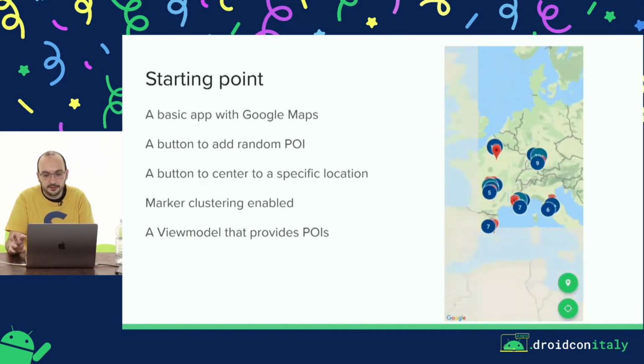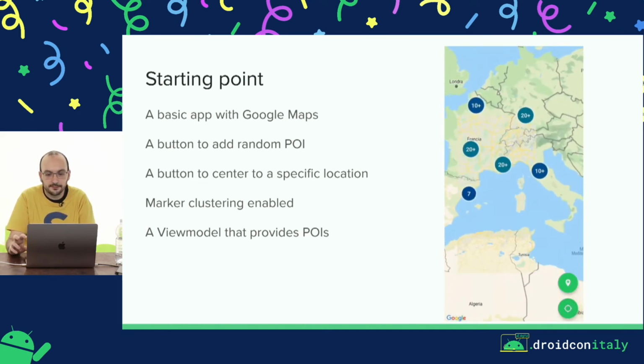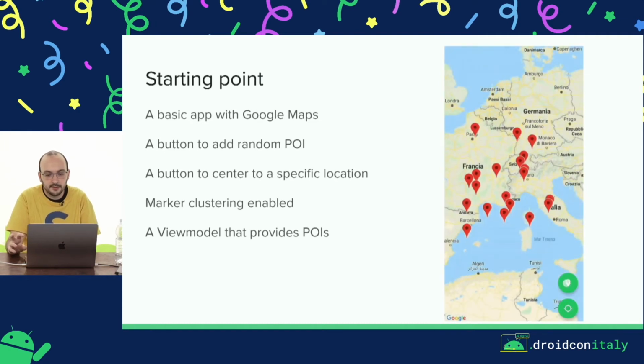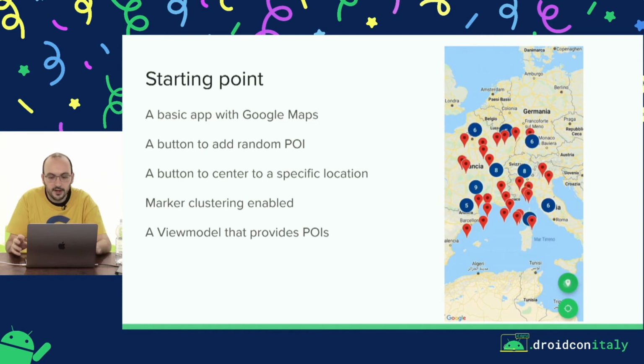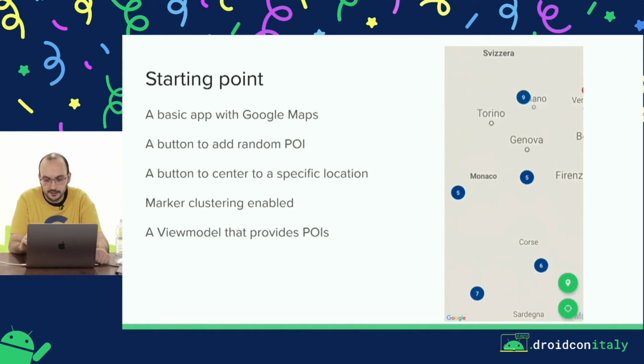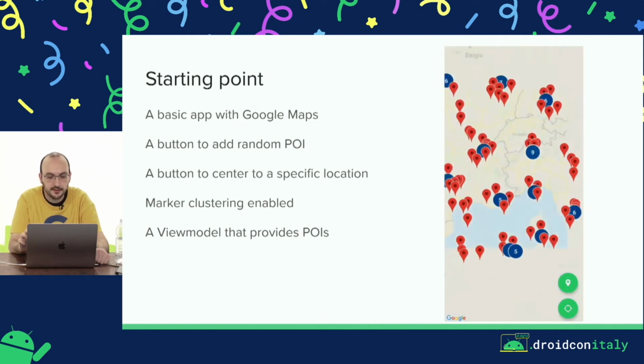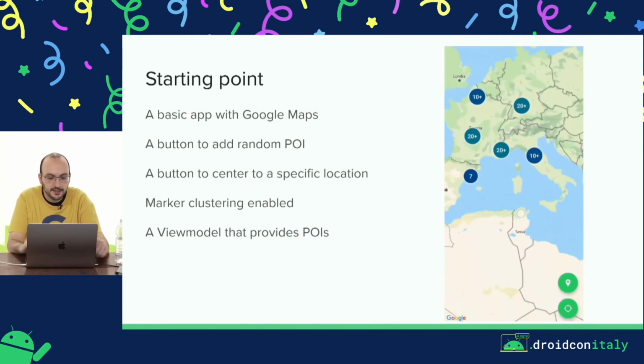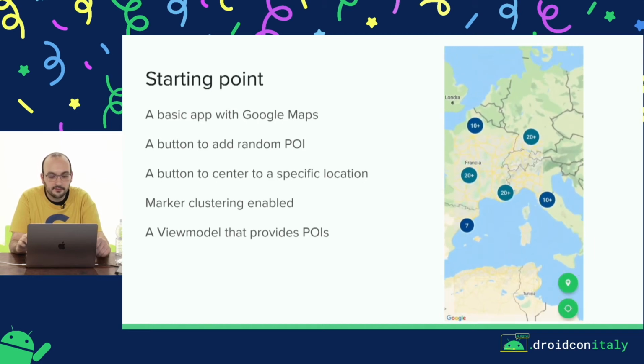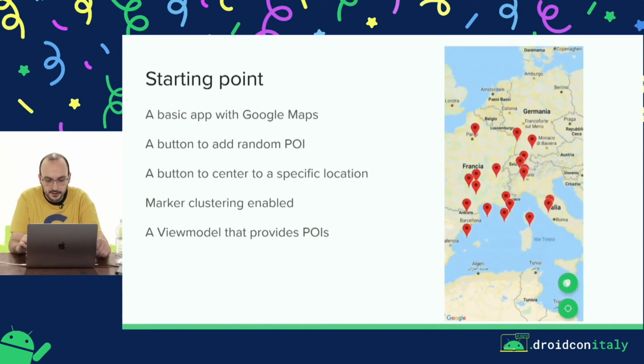Marker clustering is the feature that collects the points of interest that are near each other and shows us the number of pins in that specific place. And then we have a single view model that provides all these points of interest.